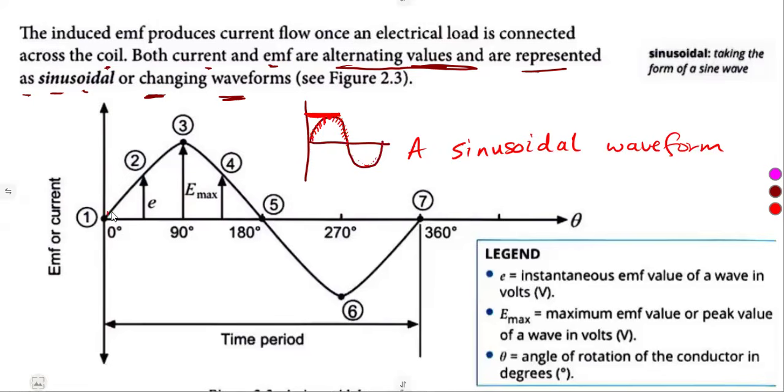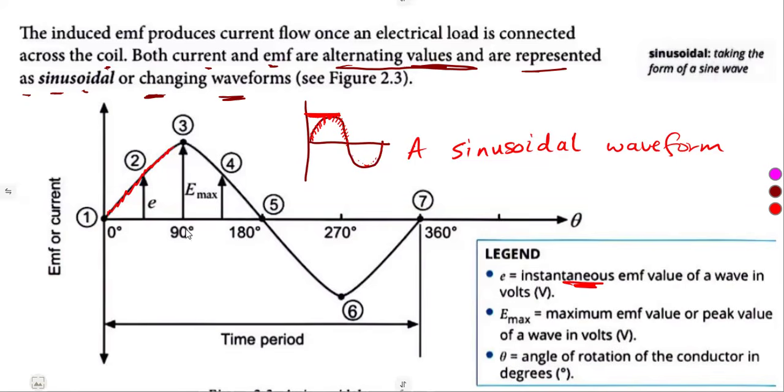So we have values changing from one point to another until we reach the maximum value. These values are referred to as the instantaneous values. If we are referring to the EMF, the instantaneous EMF, if it is current, the instantaneous current, that is values that we have at a particular point or at a given time.